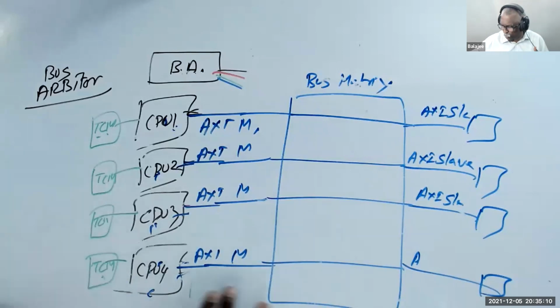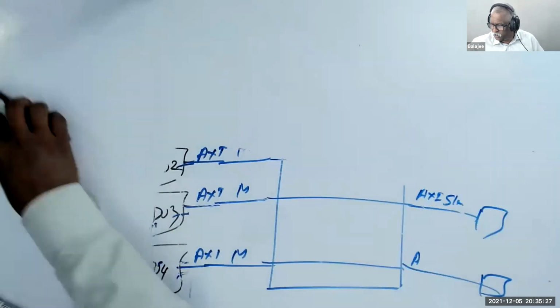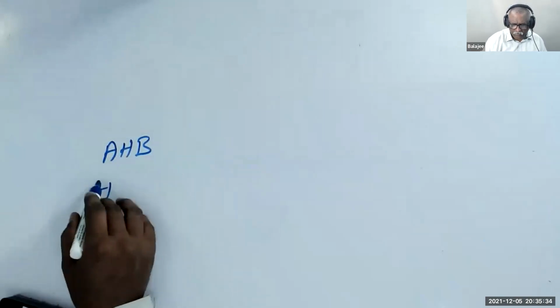You cannot say that you don't know that. You should know that. That's why that diagram represents that word, bus. That means you have so many buses, that is, you have buses called AHB or AHB Lite.